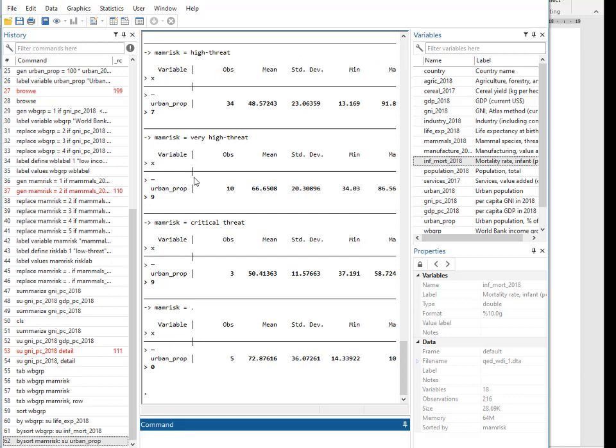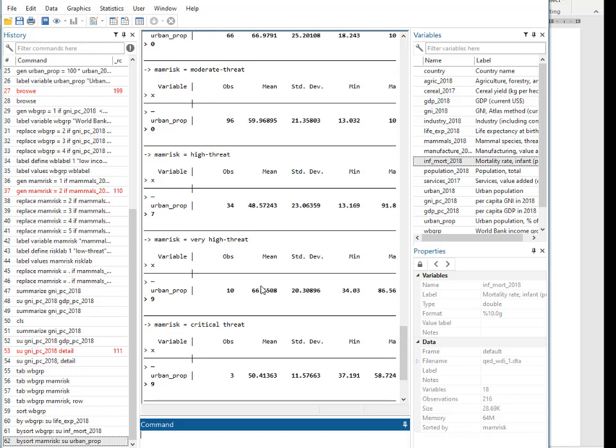So high risk, very high threat, critical threat. So yeah, definitely higher at the top. Very high threat, critical threat.